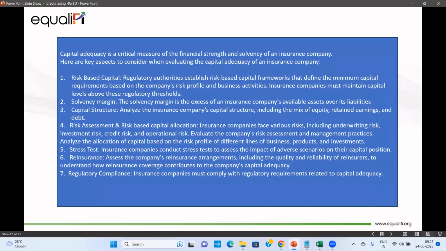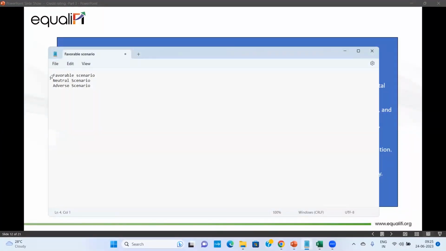Then it is risk assessment and risk-based capital allocation. Whatever funds you are allocating as an insurance company, you look at how many policies you have issued, and you segregate them age-wise. For example, I split the age as 21 to 30, 31 to 40, 41 to 50, 51 to 60, and more than 60.